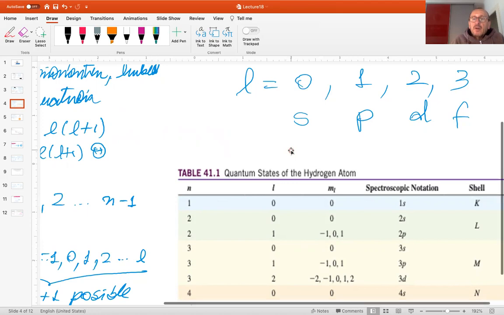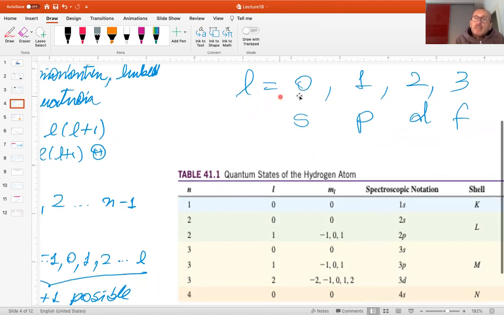In spectroscopic notation, the values of L are actually assigned letters. Instead of saying an L equals 0 state, we call it S. With L equals 1, we call it P. With L equals 2, we call it D. With L equals 3, we call it F. So S stands for sharp, P for principal, D for diffuse, and I forgot what the F means, but it's somewhere in the book.